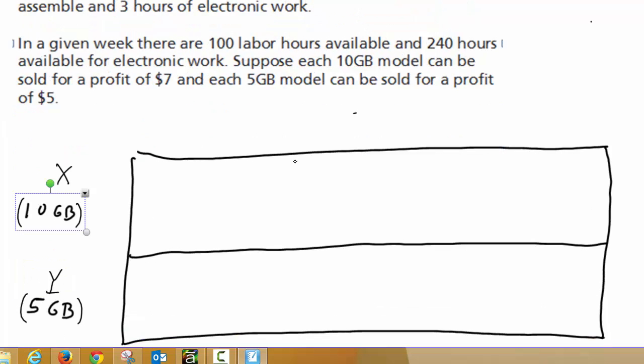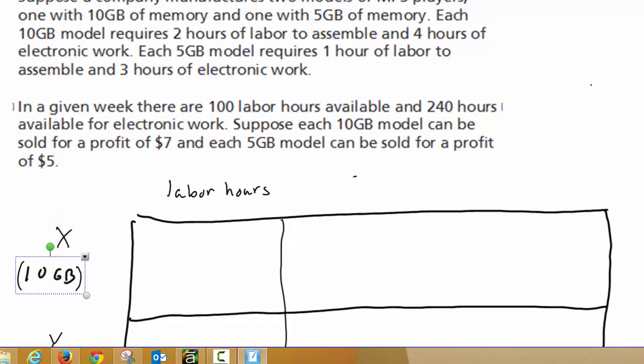So that means that one of our columns is labor hours, basically for assembly, right? To actually put the various components together. So what do we know? Well, how many hours are available in a given week to do this? Well, it says that for our given company there are only 100 labor hours available in a week, so we put that at the top of the column.